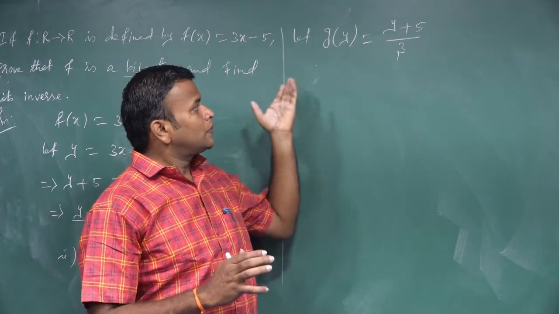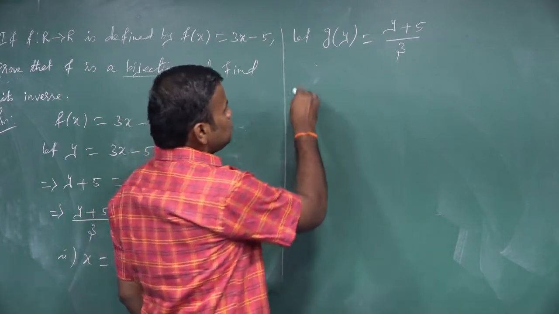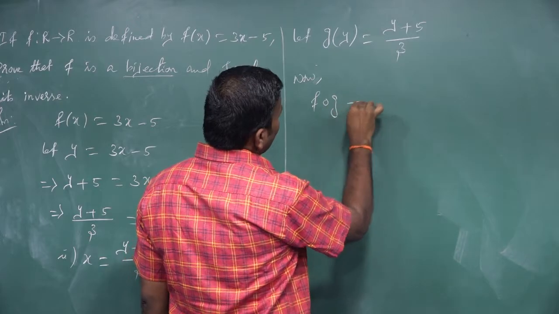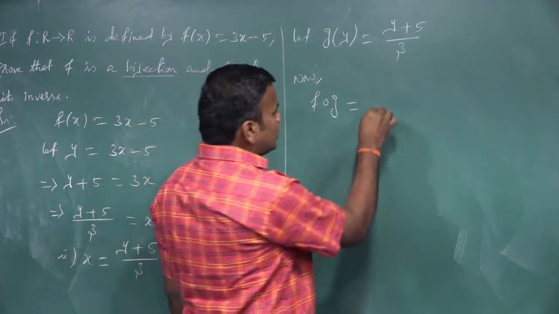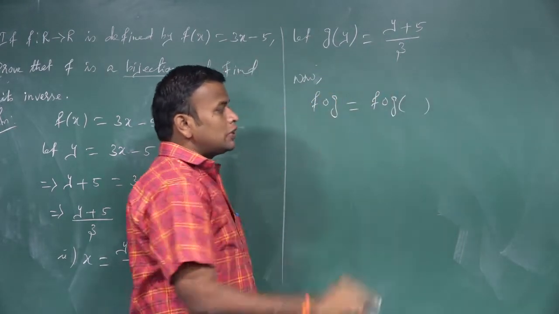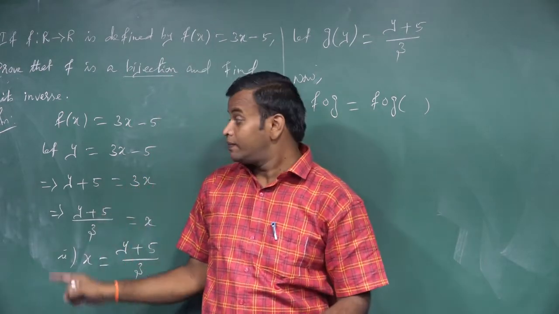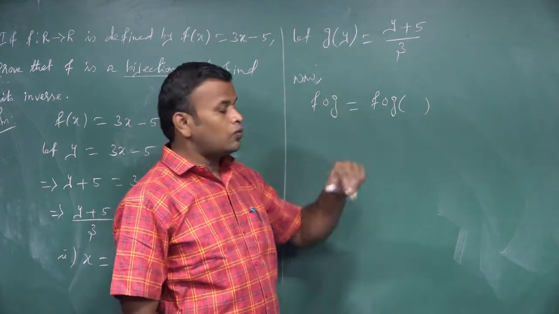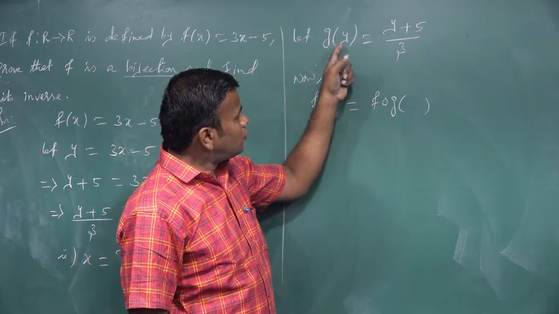Now to check both are bijections and inverse to each other, in this process first I find the value of f dot g. How to write f dot g? What is the variable we include here? We see f is a function of x, and g is a function of y.